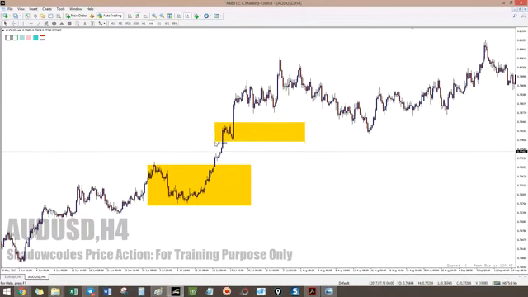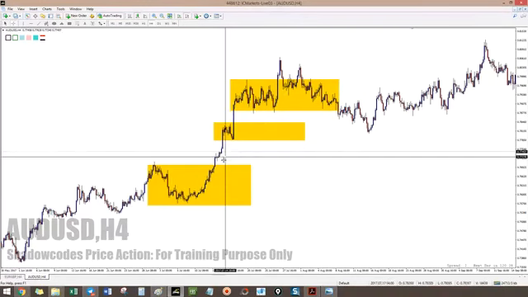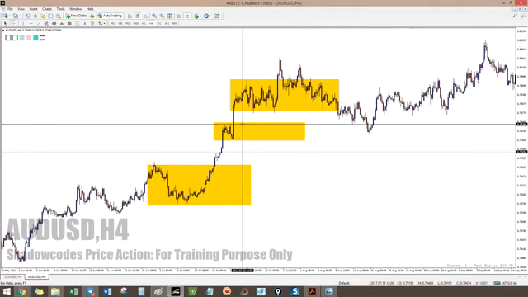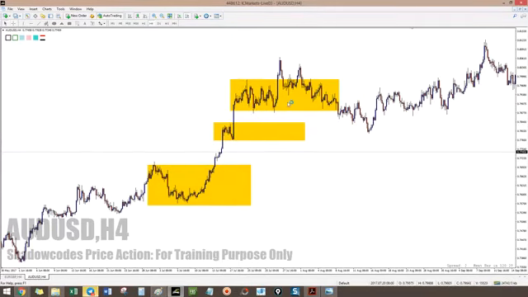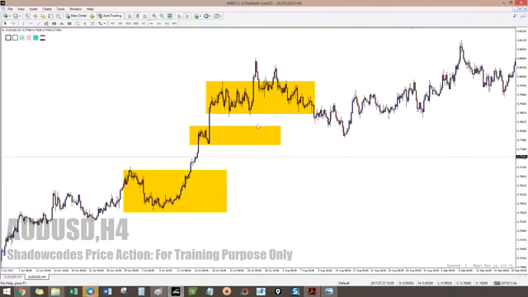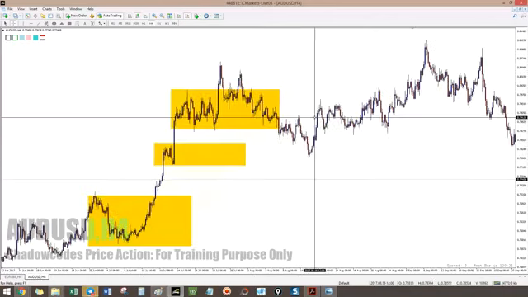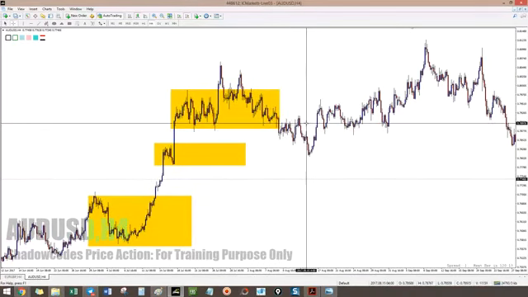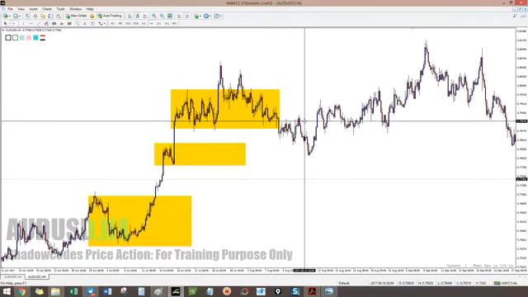You do not need to be very precise about it because we have our own entry to enter this kind of trade. So sometimes you might get the markup price about 84 pips, sometimes only about 40 pips. That depends on what the market is going to tell you. And then you will have a structure breaker here. So when there is a structure breaker here, usually you will be selling, right?